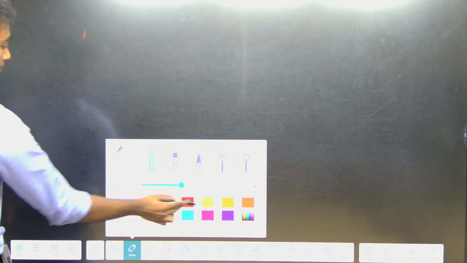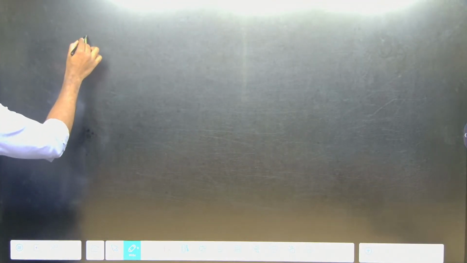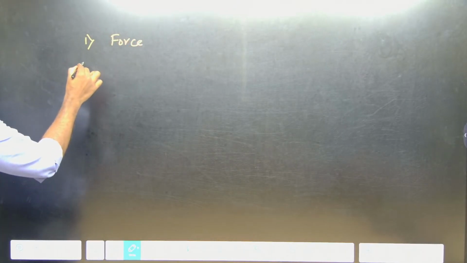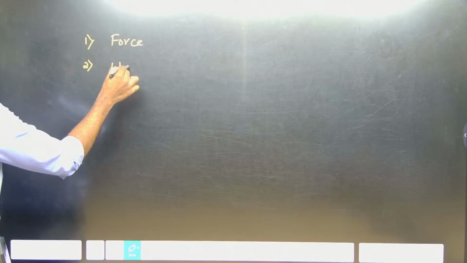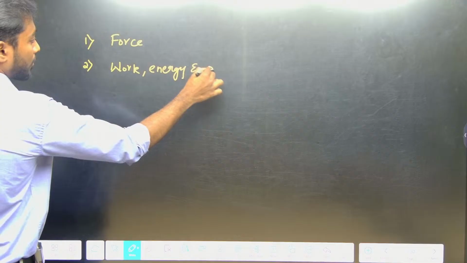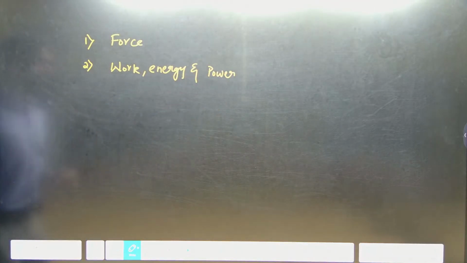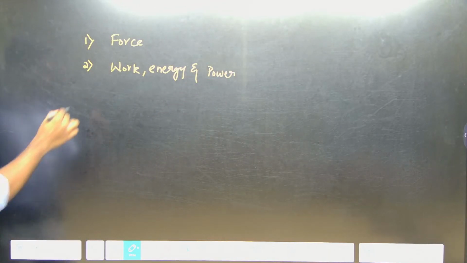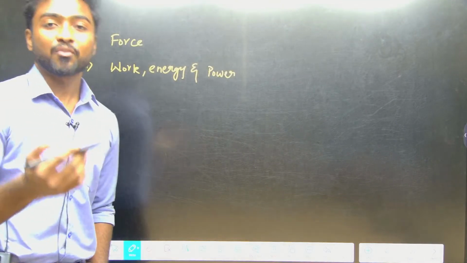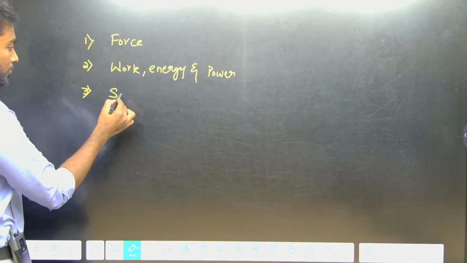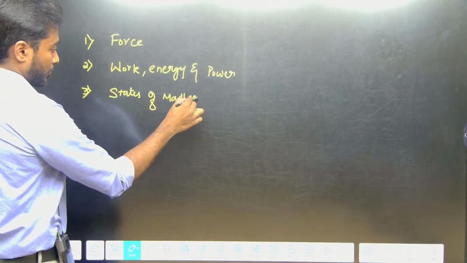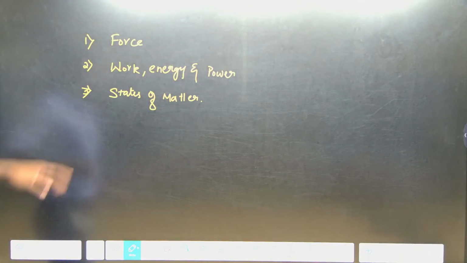The first one is force, and the second one I will take is work, energy and power. The third one we will talk about is states of matter. First we will go with force.